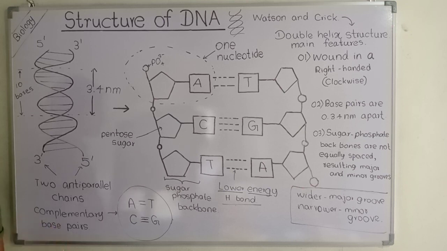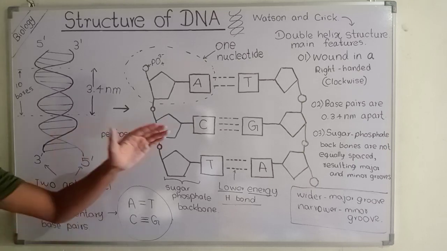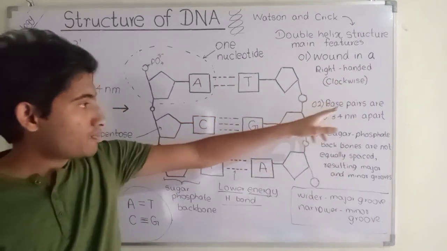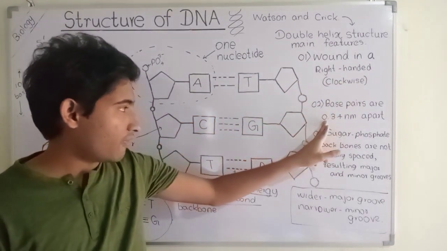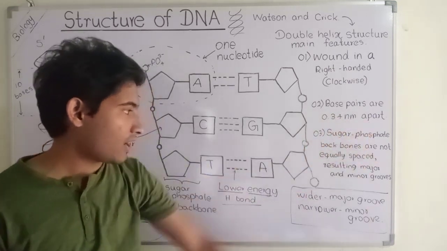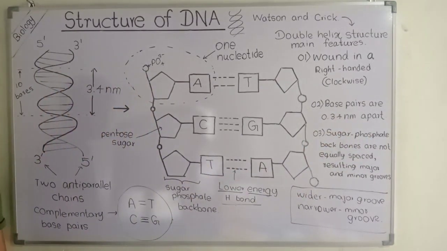If we consider this DNA molecule, DNA has six major characteristics like this: wound in a right hand, and base pairs 0.34 nanometer apart. The sugar phosphate backbones are not equally spaced, therefore resulting in major and minor grooves in this DNA molecule.